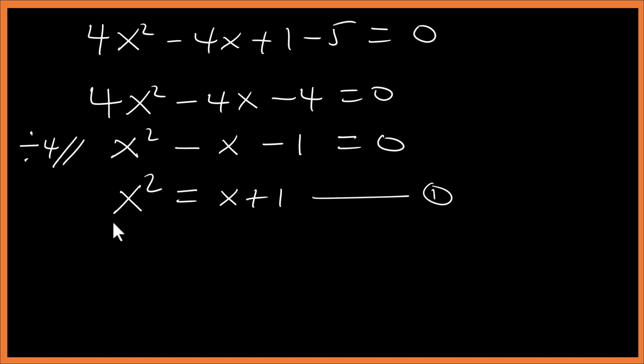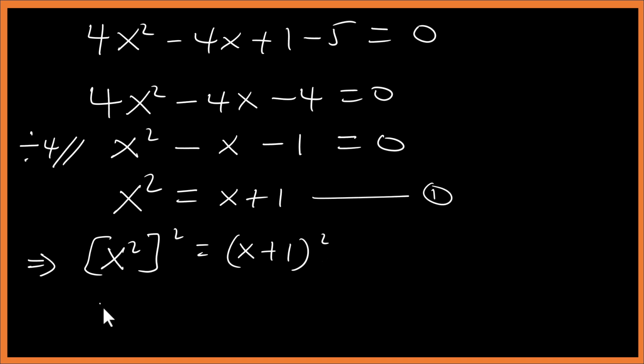Let's go again and square both sides since our target is not met. So we have (x squared) all squared equal to (x plus 1) squared. So this side is x to the power 4, x squared plus 2x plus 1.